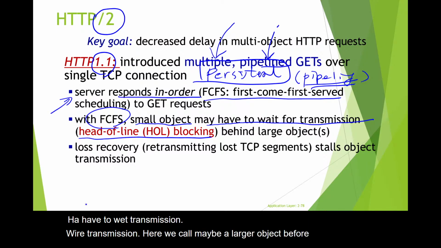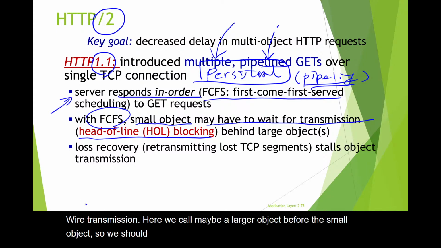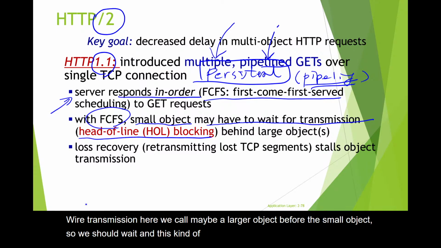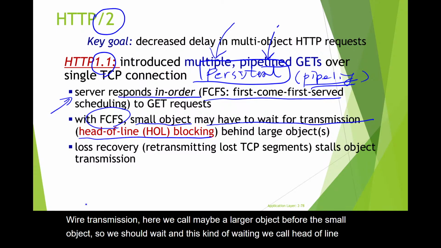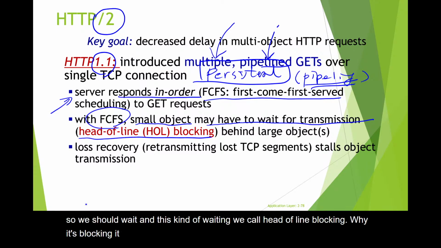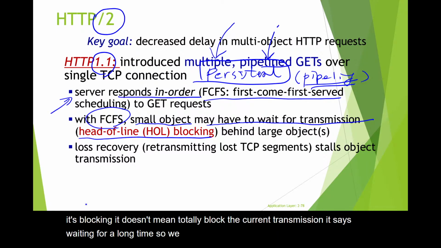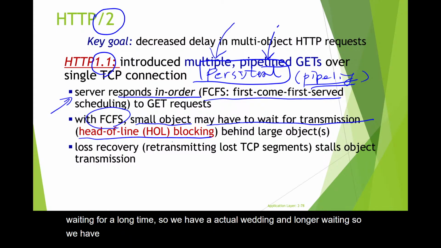This kind of waiting we call head of line blocking. Why is it blocking? It doesn't mean totally blocking the current transmission. It means waiting for a long time. So we have actual waiting and longer waiting. So we have head of line blocking.